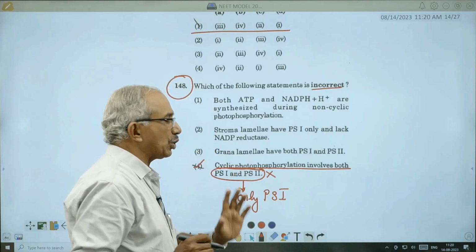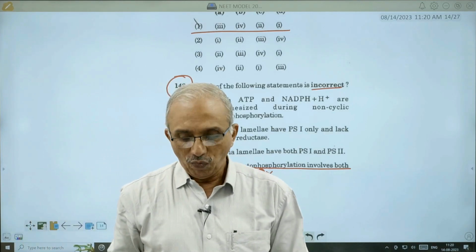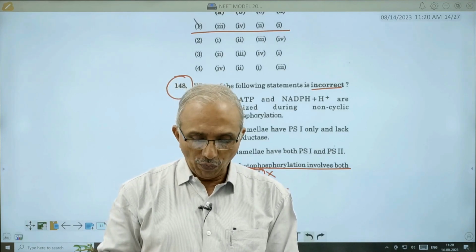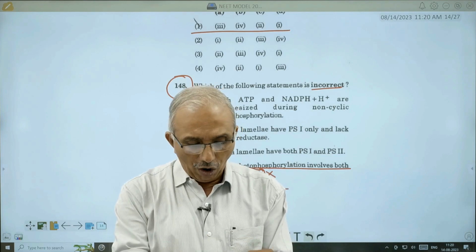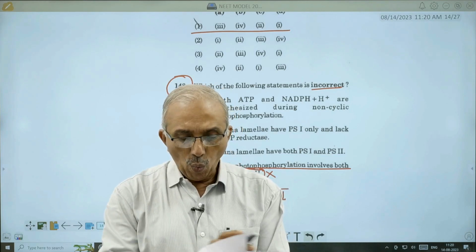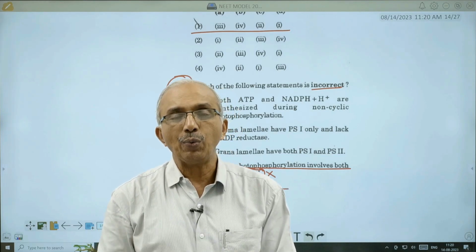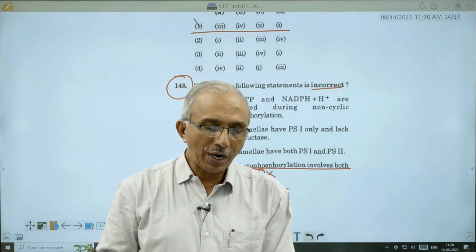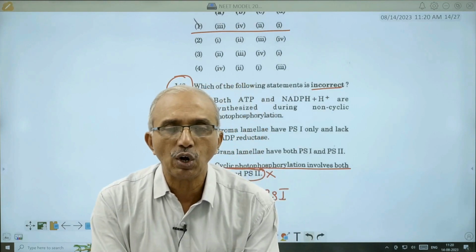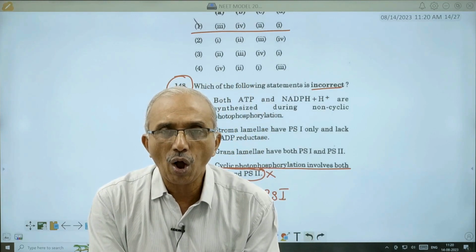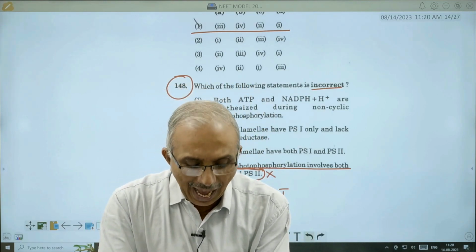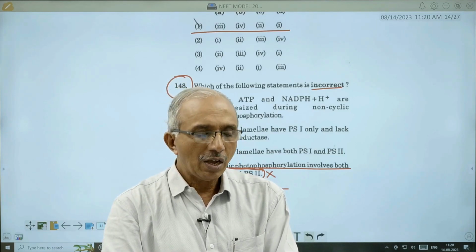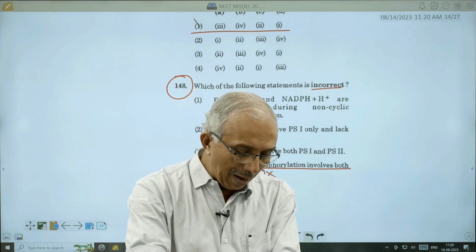PS1 and PS2 are involved in non-cyclic photophosphorylation. Non-cyclic photophosphorylation occurs in the grana lamellae.